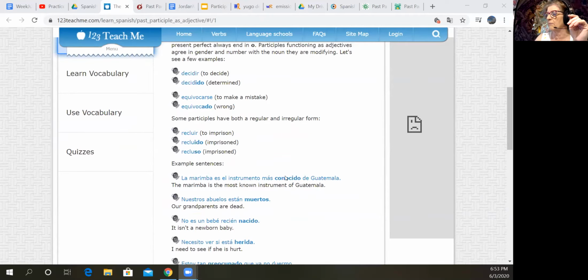Okay, let's look at the big picture. Ado, ido is the big picture. Ado for AR verbs. Ido for ER and IR verbs. ER and IR verbs share the same way to turn these into past participles. So, decidir becomes decidido. Así.